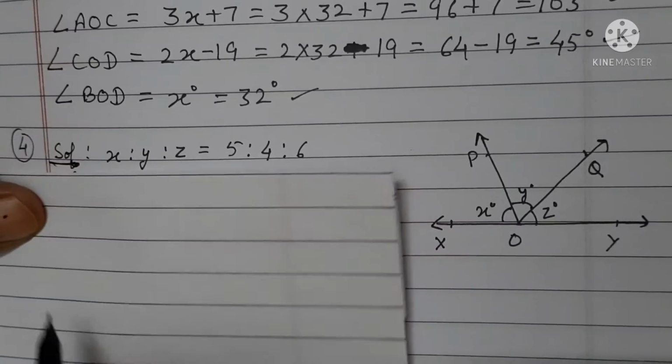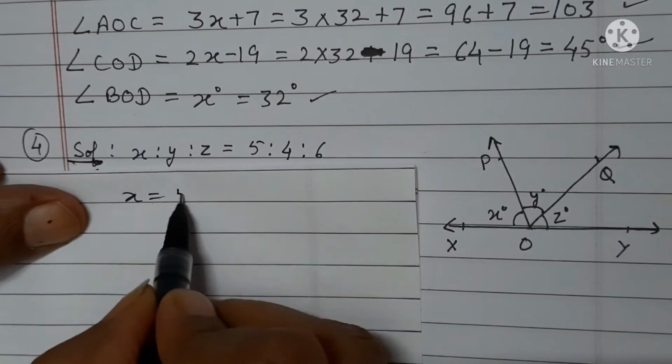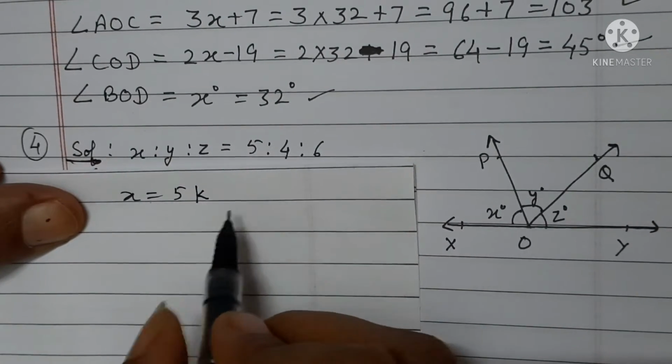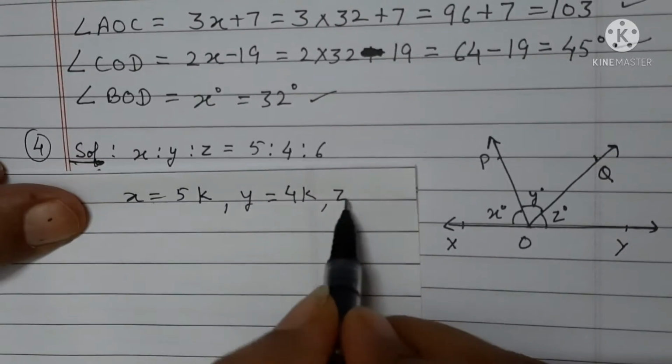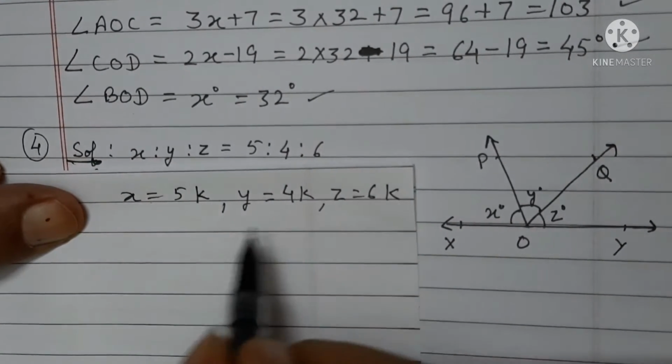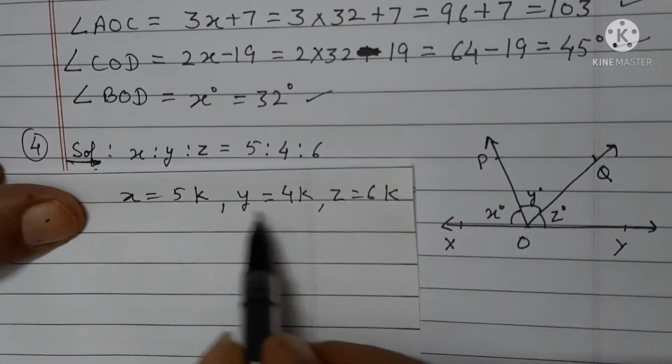Now solve it. Here you will take the angles like x is equal to 5k, y is equal to 4k and z is equal to 6k, because the common factor will be k.